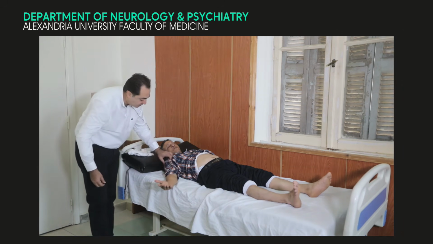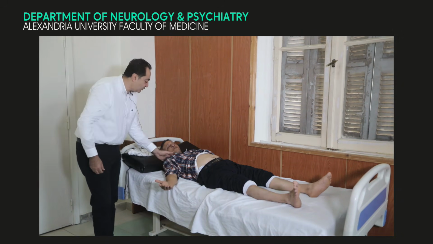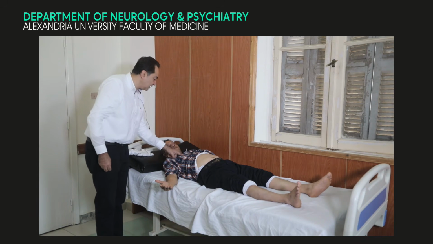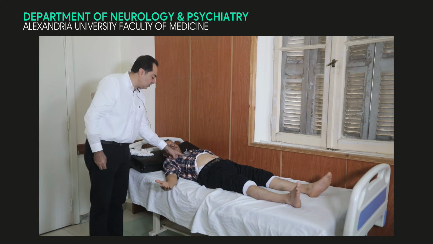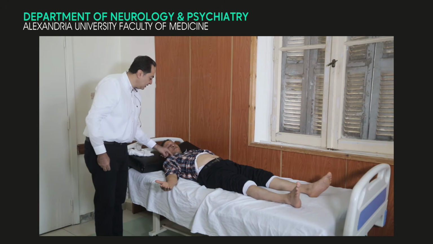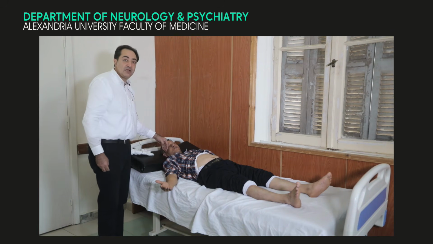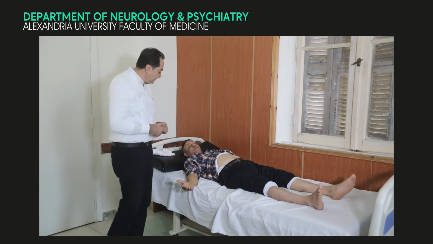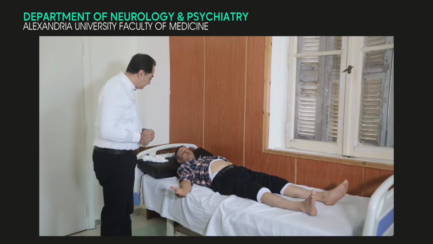C5 is on the lateral part of the arm. C4 is here. So dorsal 4 on the nipple line, dorsal 3, dorsal 2 is here. Then C4 is above, C3, C2, and then the trigeminal nerve. This is the distribution of the sensory area.